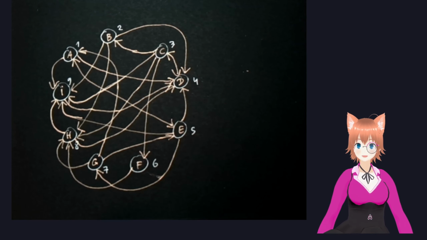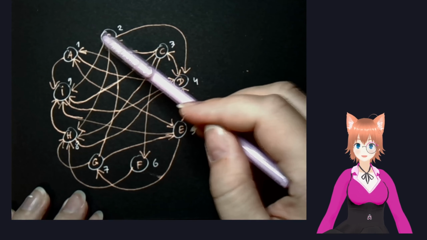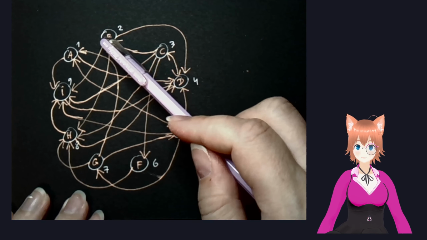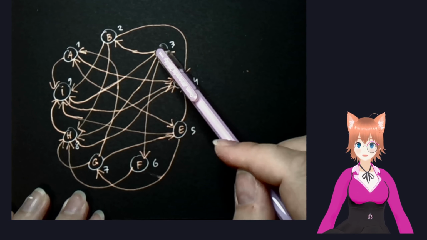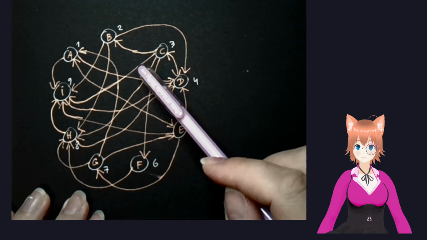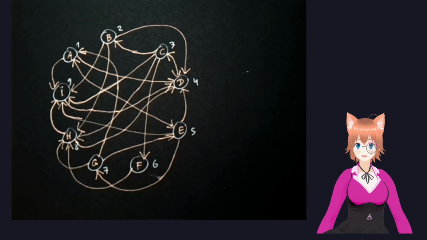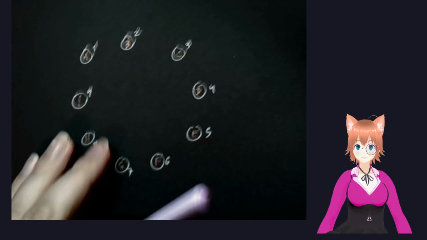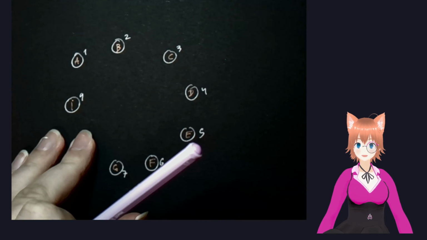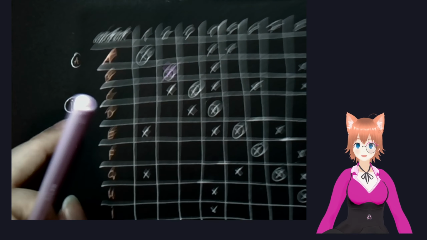Because now the issue was, B cannot take group 2. That means the only one that can take it then is C. So it's a bit complicated. So maybe an easier method is the following. Again, we start with an empty table and we look here.